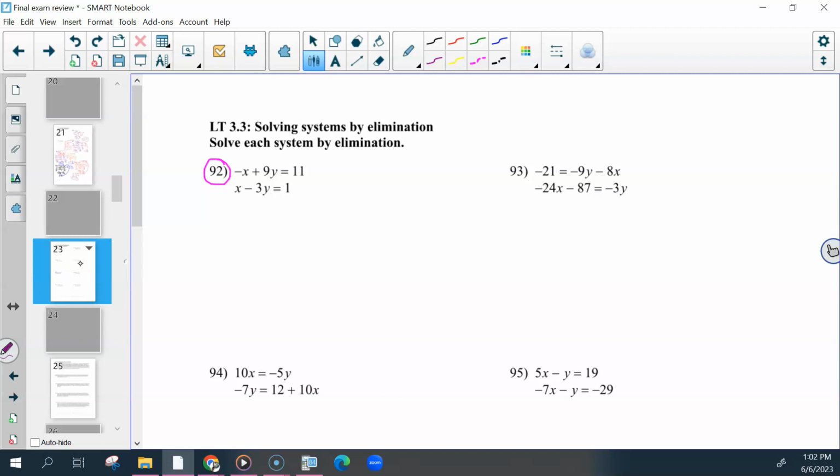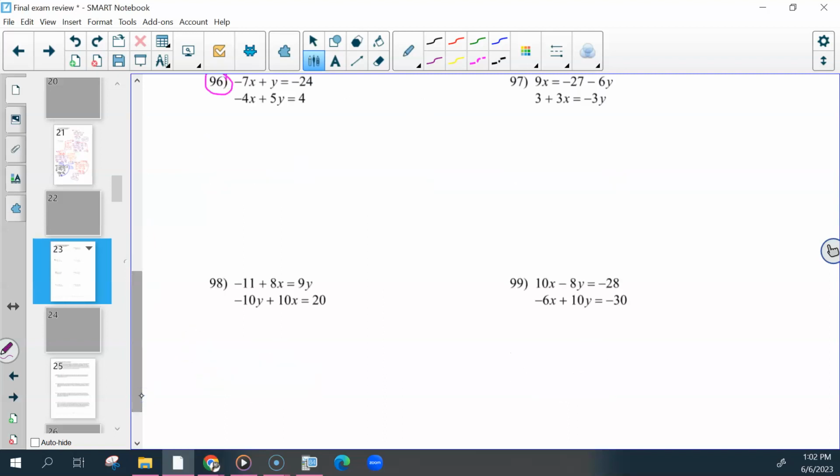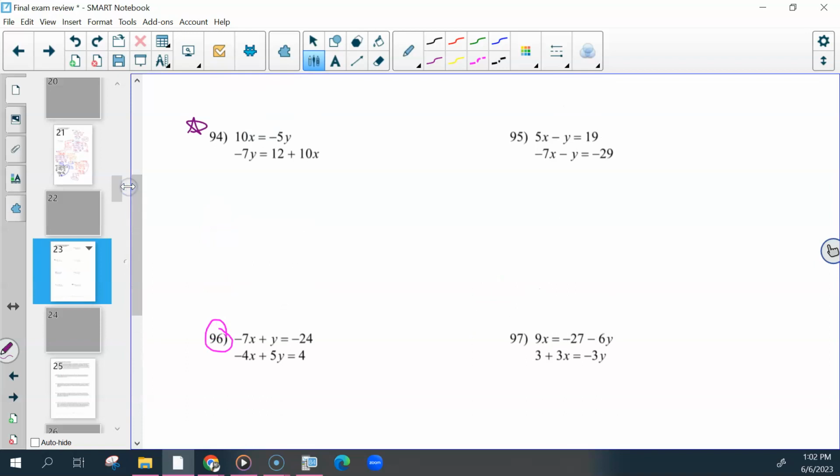About 94. 94. Let's start with those two. If we have others, we'll go back.